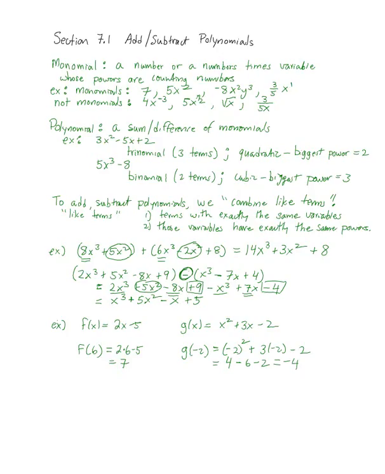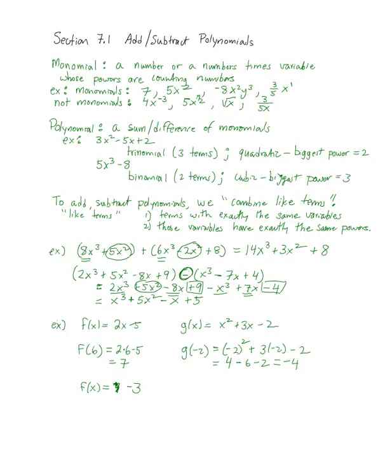The other thing I might ask you to do is I might give you f of x equals negative 3. Basically what I'm doing is I'm giving you the y value. I'm telling you y equals -3.